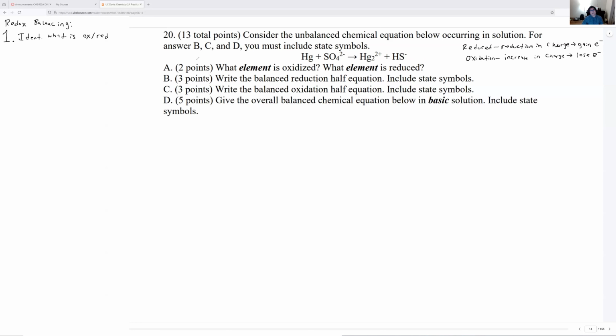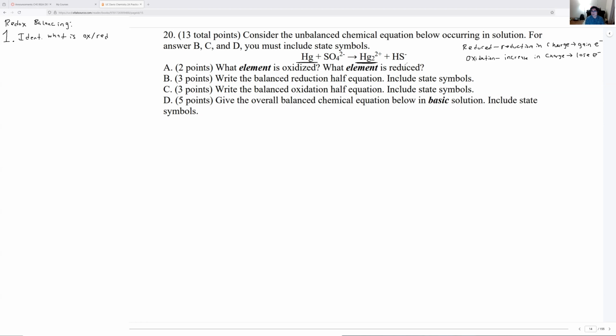So how do you do that? You just look at the oxidation states. In the first or second discussion, I don't remember which, we went over oxidation states. You're just doing that, right? You're seeing what goes up in charge and what goes down. Easy ones are usually elements. So you can see this Hg here goes into Hg plus one, because there's two of them, right?